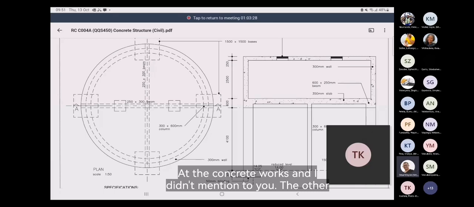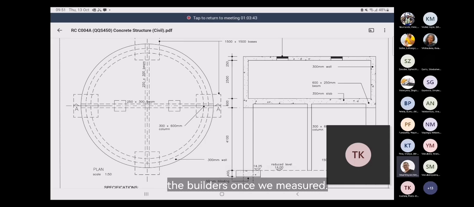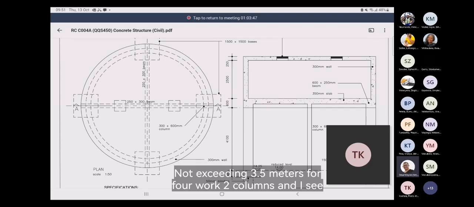I did mention the other day that when we look at the guidelines, there are certain aspects particularly pertaining to measuring formwork. Remember that with the builders, we measured not exceeding 3.5 meters for formwork in columns, and exceeding 3.5, not exceeding 5. For the beams, we said not exceeding 1.5, those were the categories.